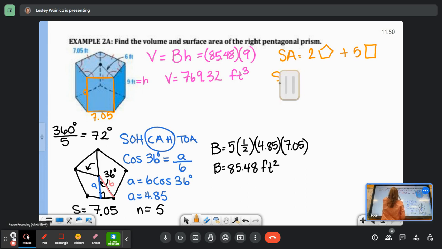So that equals 2 times our 85.48 plus 5 times 7.05 times 9. I'm going to put that in my calculator.